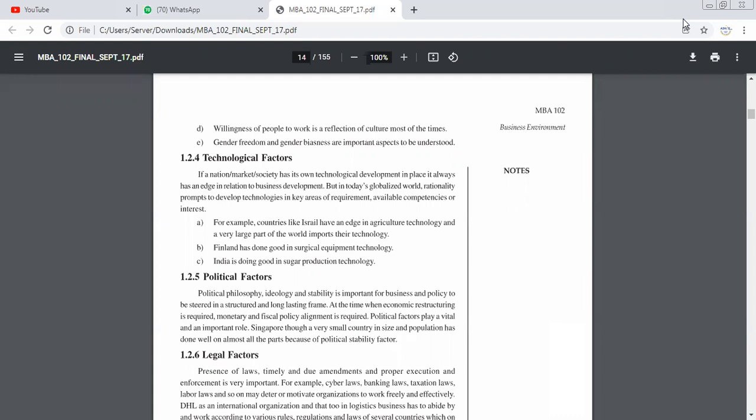Take an example in the field of aeronautical development, in the field of power plant development, right? We are very much ahead of other Asian countries. Like, take an example of Pakistan or Bangladesh, we are very much ahead in technology as well.